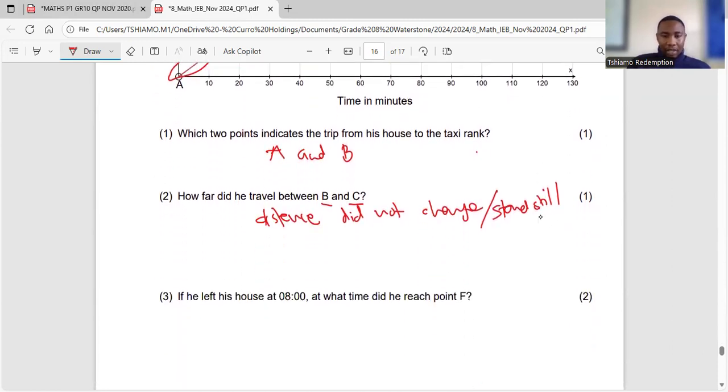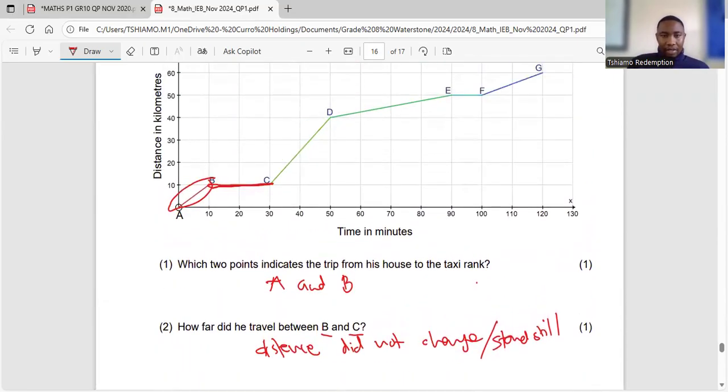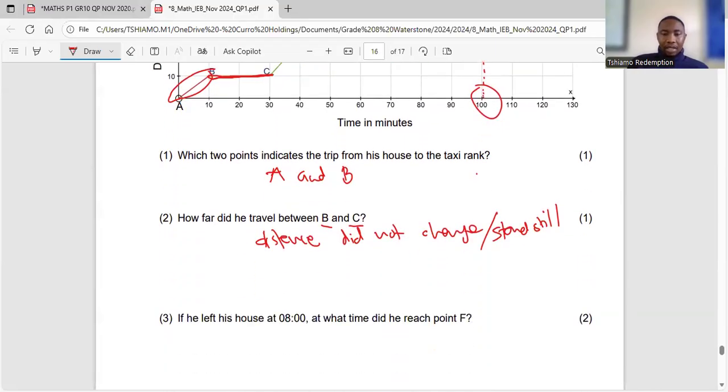He left his house at 8 o'clock. At what time did he reach F? So let's look. At F is this time. So he reaches F after how many minutes? 100 minutes. What is 100 minutes? 100 minus 60, then you're left with 40.